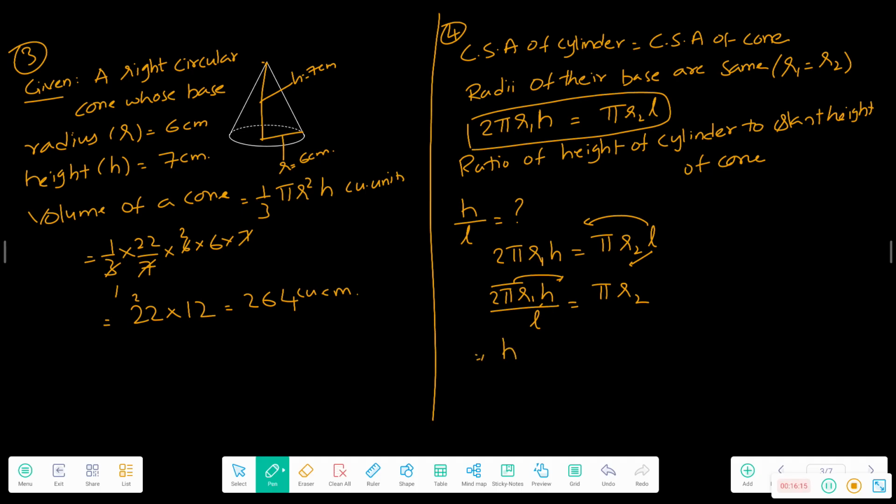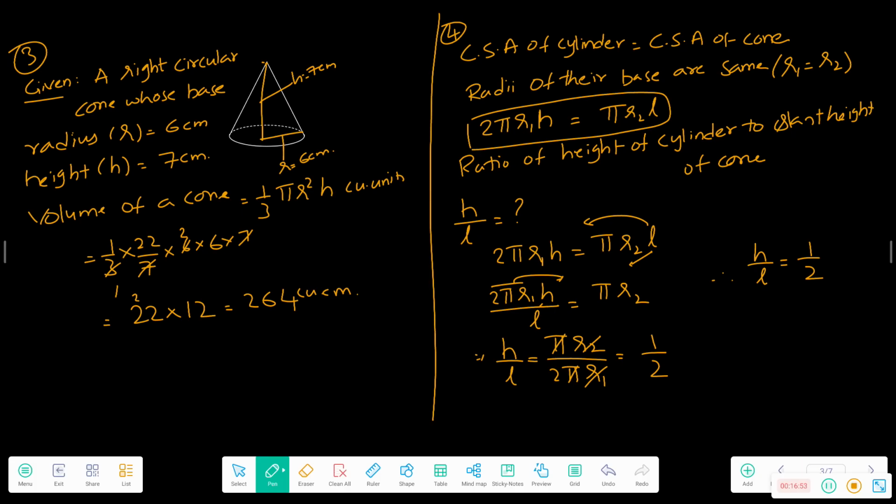So h by L is equal to pi r2 by 2 pi r1. So pi gets cancelled. We know that r1 is equal to r2, so r1 r2 will get cancelled. Here it will be 1 by 2. So therefore h by L is equal to 1 by 2. I hope it is clear to all. Fine. So what is the ratio? Ratio of height of a cylinder to slant height of a cone is 1 by 2.